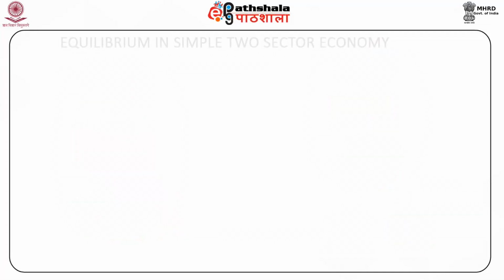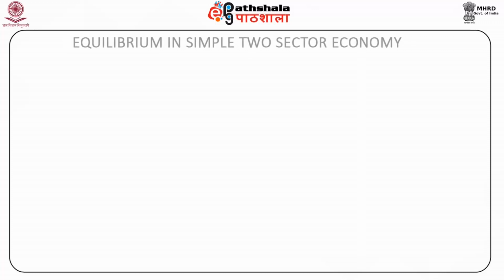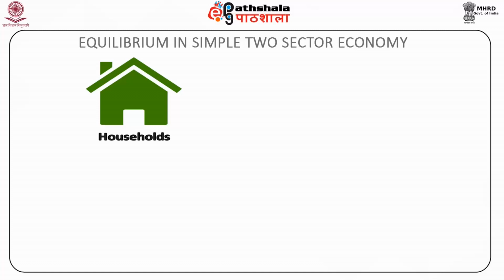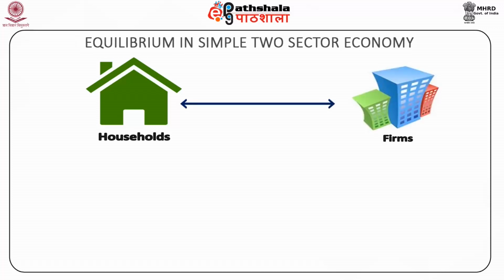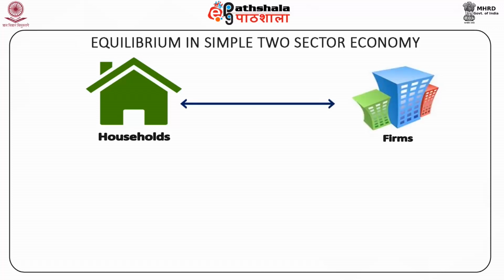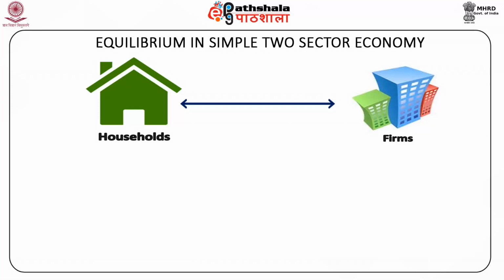Let us start with a simple two-sector economy without government and foreign sector. In such an economy, households are the consumers and firms the producers. Investment is assumed autonomous for simplicity. We know that aggregate demand is the sum of consumption and investment expenditures.